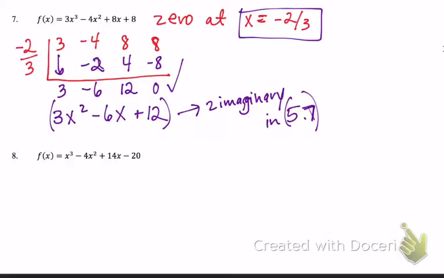So if you were to graph number 8, you would see that it also only goes through the x-axis one time. It has a 0 at x equals 2.